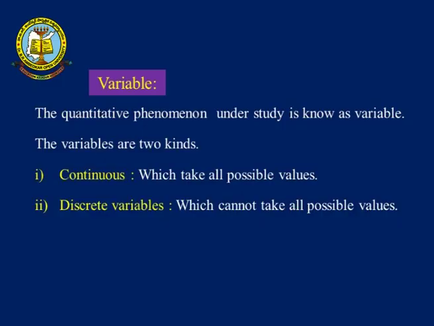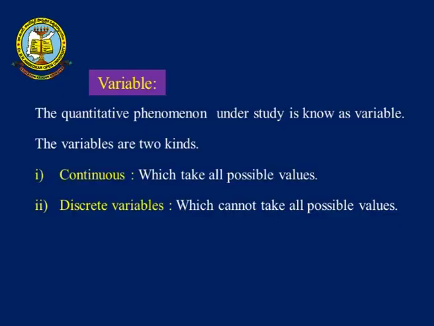Now, variables. While talking about this frequency distribution, we will talk about the variables also. The quantitative phenomena under study is known as variable. The variables are of two kinds: continuous and discrete variables.